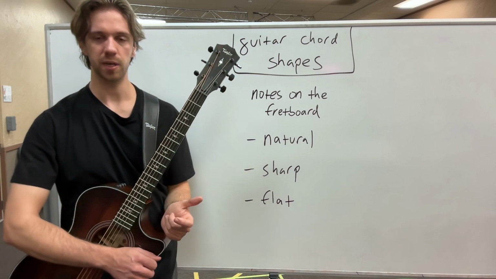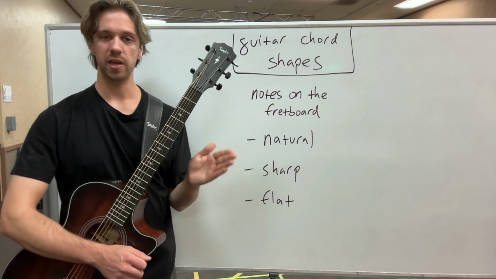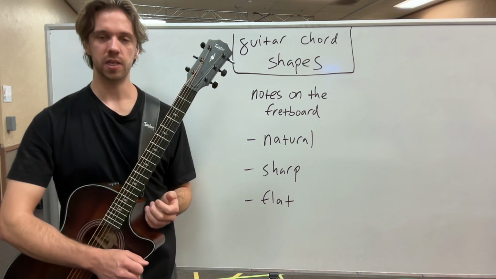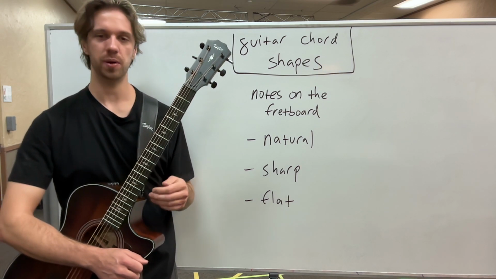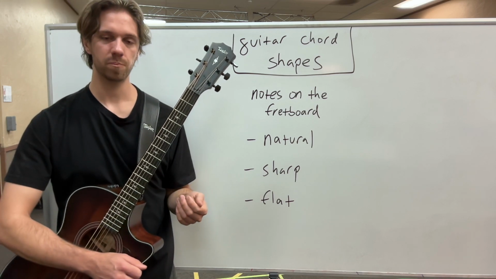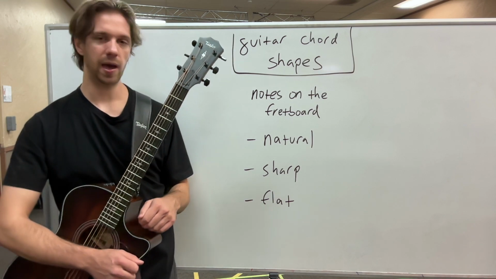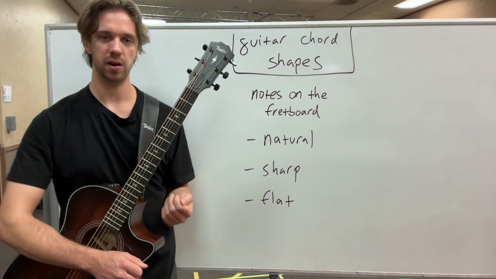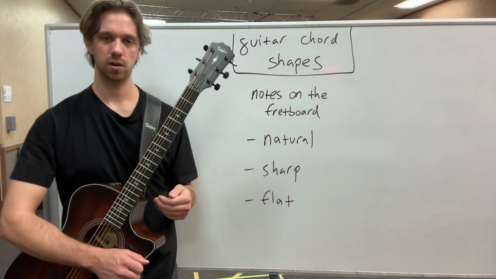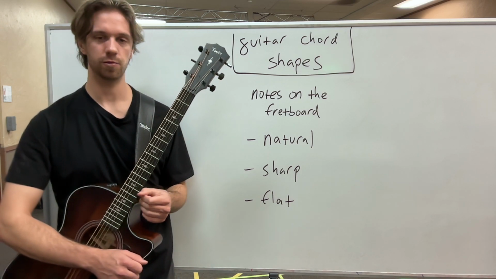Now, sharp means we have a natural note. Let's take A, for instance, and we raise it by a half step. That makes it A sharp. Now, if we take that A sharp and we sharp it again, it then becomes B, the natural note B. So sharp does not mean we add a sharp symbol or sharp name to a note. Sharp means that we raise that pitch by one fret.